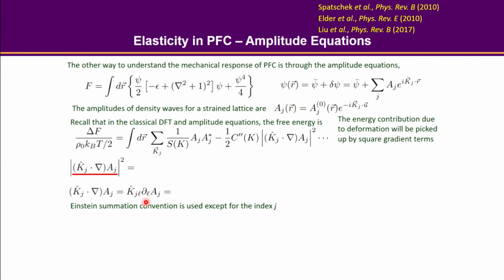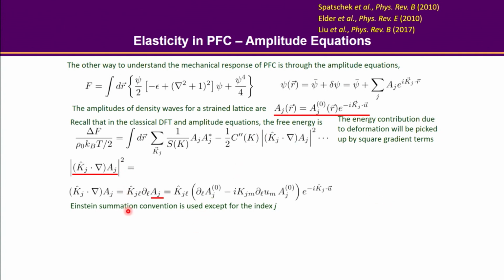The only thing you need to do is to plug in this A_j here. We know if there is a displacement of atoms, A_j contains one part that's not associated with the displacement, and the displacement information is in this exponential e^(-ik·u) term.